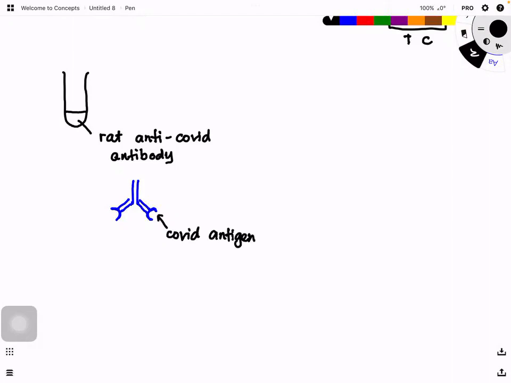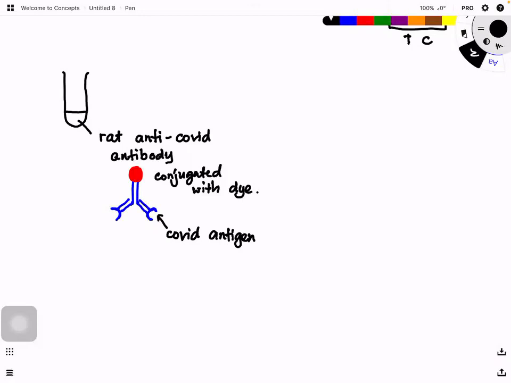But at the Fc region here, this antibody is actually conjugated with a dye. For example, a red dye gives a red color. If the company uses a blue dye, it will give a blue color later. So this is a red anti-COVID antibody.